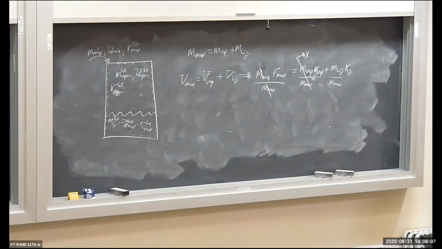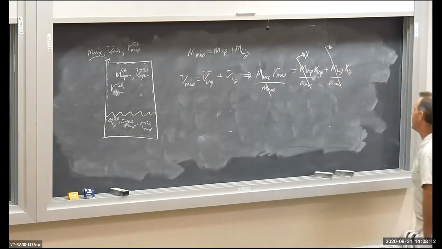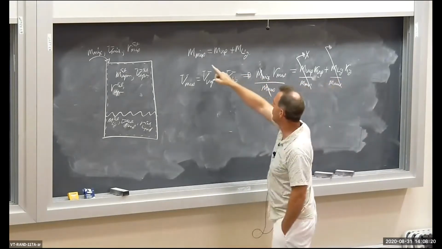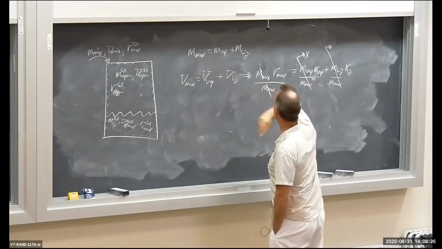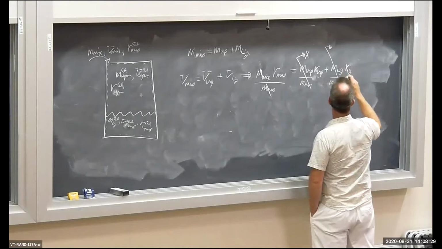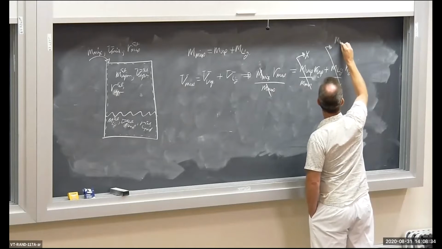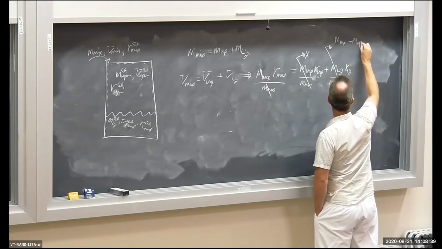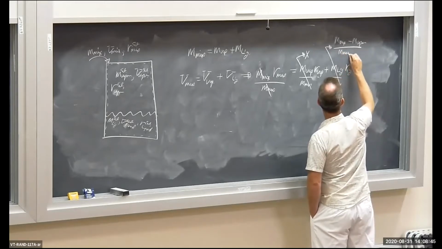Now this term here, we're going to have to massage a little bit more. I'd like to get a quality out of that term. I'm going to notice from my mass balance that the mass of the liquid is equal to the mass of the mixture minus the mass of the vapor, and then I've got M mix in the denominator.